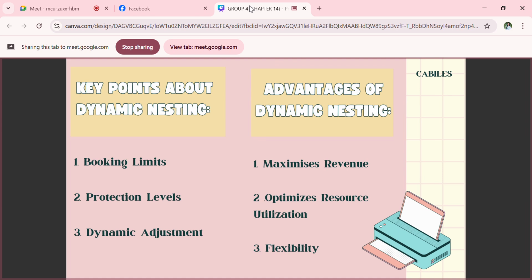Now let's talk about the advantages of dynamic nesting. First is maximize revenue, second is optimize resource utilization, third is flexibility. Maximize revenue: by dynamically adjusting the availability of seats in different fare classes, airlines can maximize their revenue. The second one is optimized resource utilization.